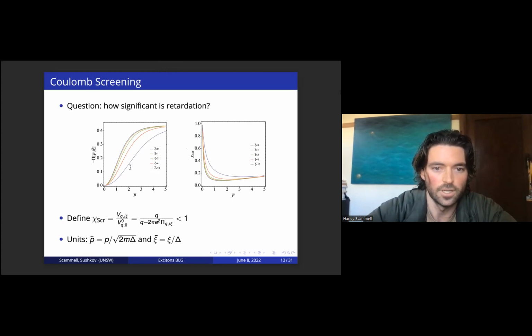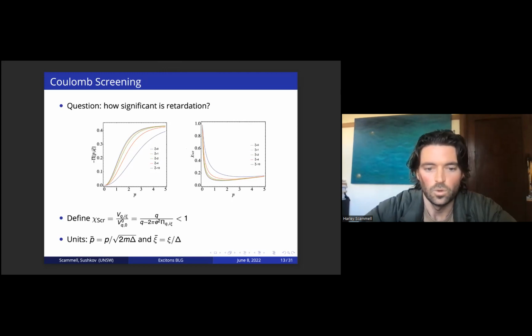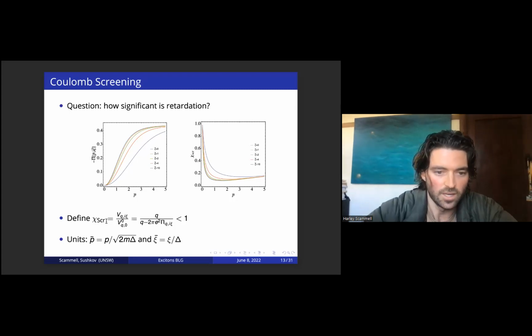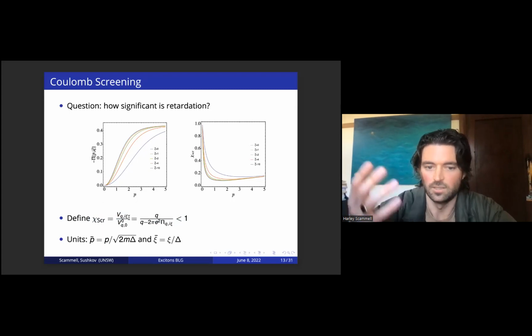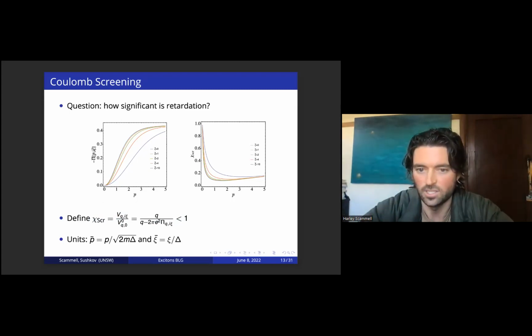I reduce screening. Another way to measure this, which might not actually be the best way, is to define this object chi screen, which is the full retarded potential divided by the completely bare potential, just to avoid any divergences. And the larger this object, the stronger the Coulomb attraction is.